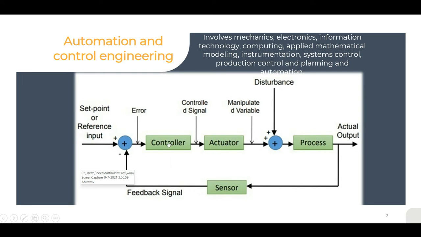So the controller is triggering the actuator to do something, and then the manipulated variable is sent to the process. There we still have some disturbance, and the actual process gives an actual output. Let's say we want to control room temperature.